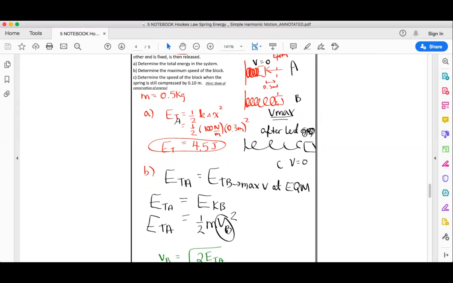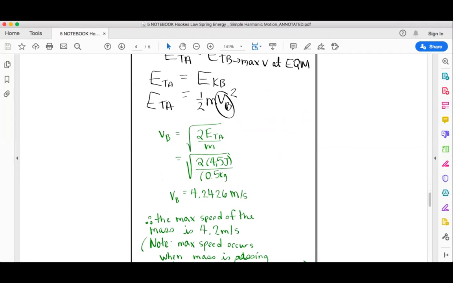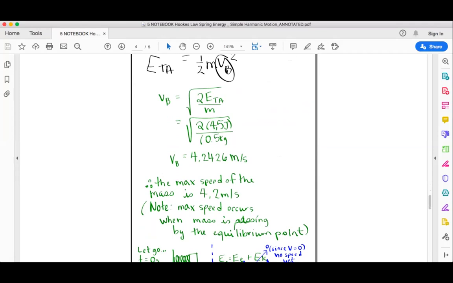So we say total energy at A equals total energy at B, substitute in the answer from part A, equal to 1/2 mv squared, isolate for vB, and substitute in our numbers to get 4.2 meters per second. So note the max speed occurs when the mass is passing by the equilibrium point.